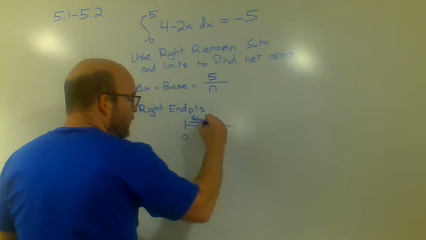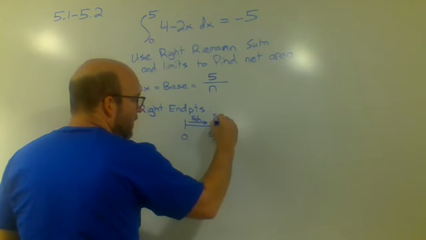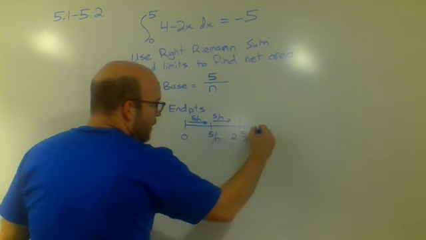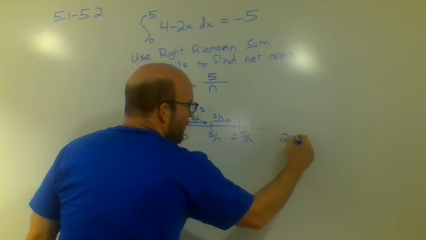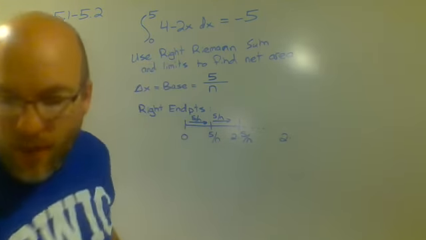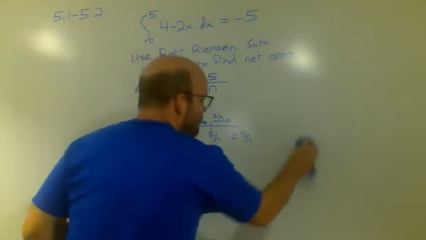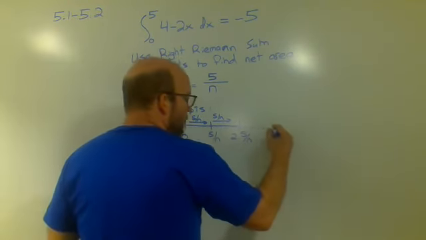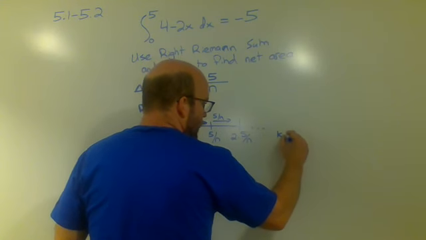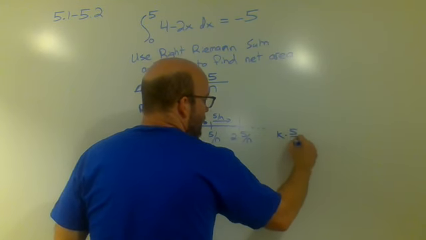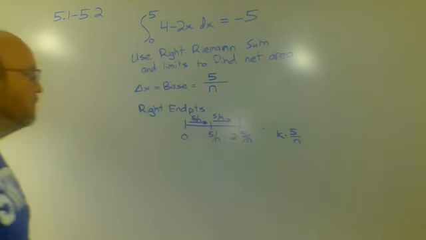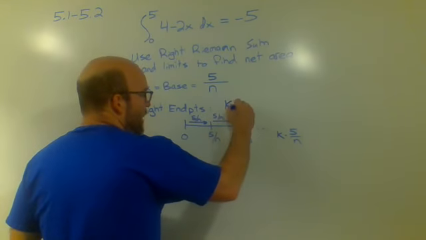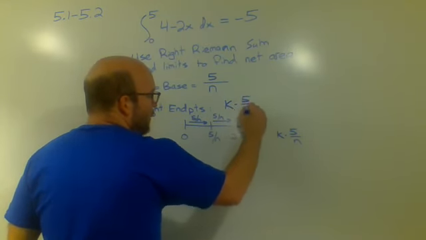We have to move 2 times 5 over n units to get the second endpoint. And so every one of these endpoints can be found by just multiplying how many intervals we have. So if there are k intervals, we have to take k times 5 over n to find the kth right endpoint. Okay, so the right endpoint that we're looking at here is just k times 5 over n.